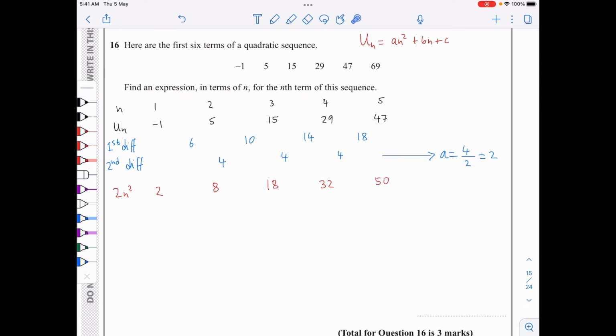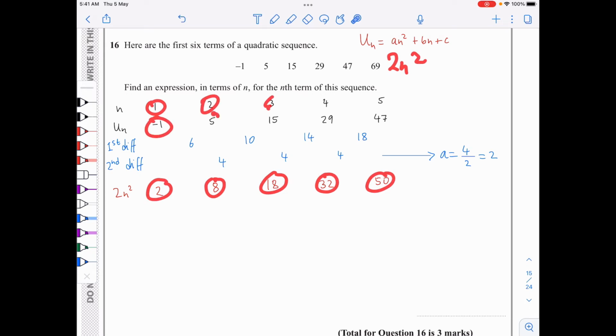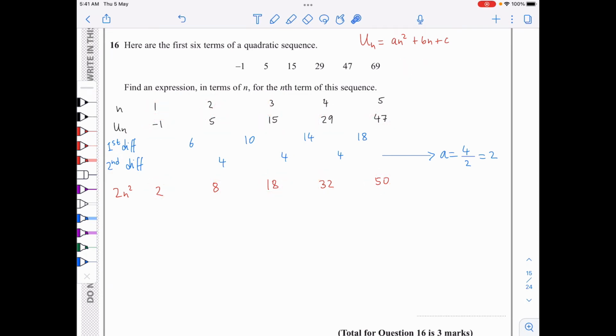Which means that if I have the 2n squared term, I'm already at 2, at 8, at 18, 32, and then 50. But I want to be at -1, 5, 15, 29, and 47, which means from 2 to -1, I need to deduct 3.